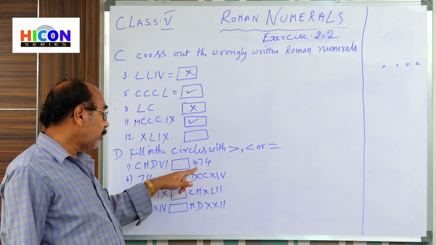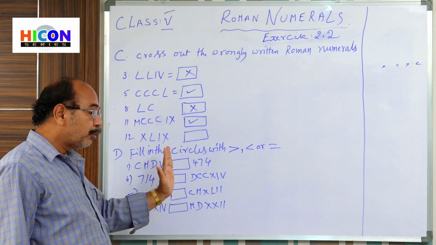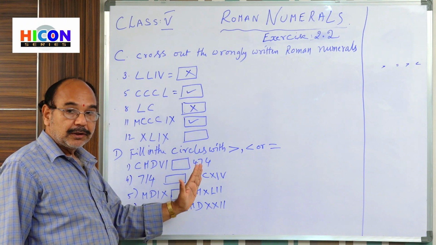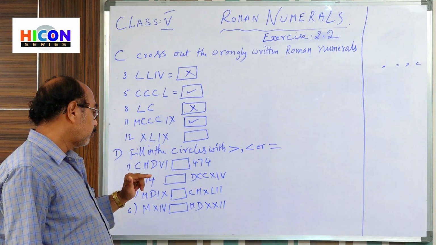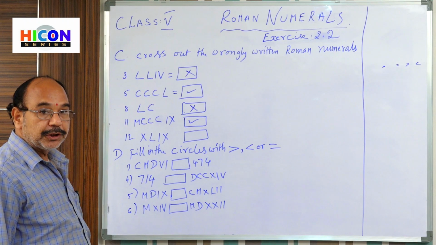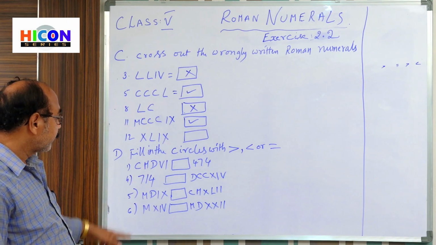On either side of the box, there are two numbers. One is in Roman and the other one is in Indo-Arabic. CMDVI. What is this number in the Indo-Arabic system? What number does it represent?